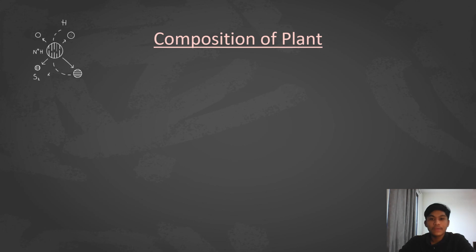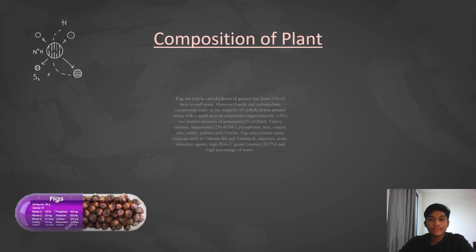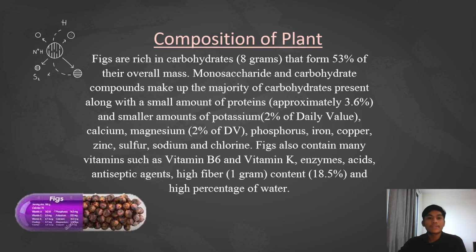The composition of the plant. Figs are rich in carbohydrates that form 53% of their overall mass. Monosaccharides and carbohydrate compounds make up the majority of carbohydrates present, along with a small amount of proteins, approximately 3.6%, and small amounts of potassium, 2% of daily value, calcium, magnesium, phosphorus, iron, copper, zinc, sulfur, sodium, and chlorine.